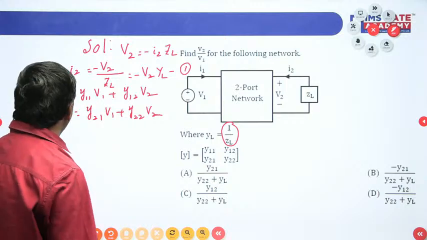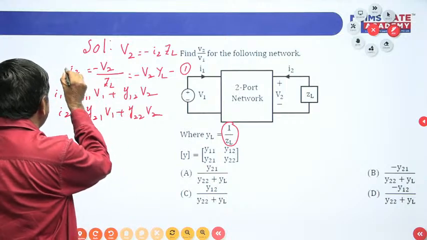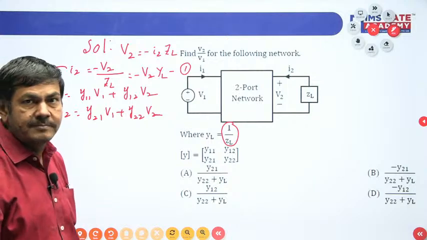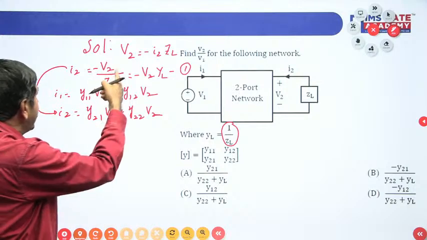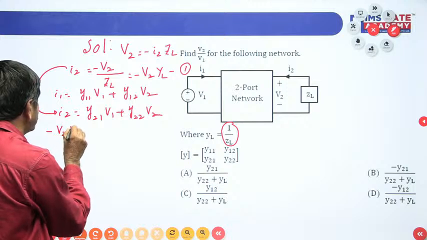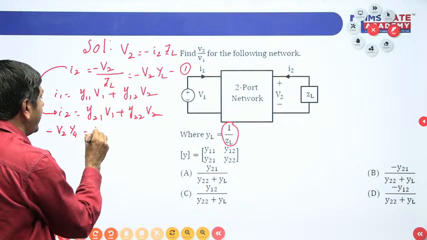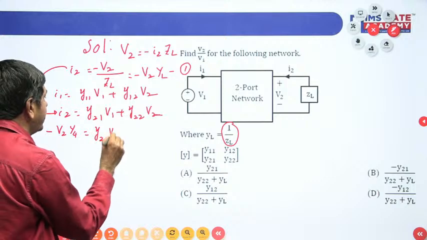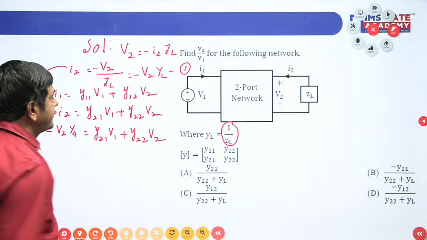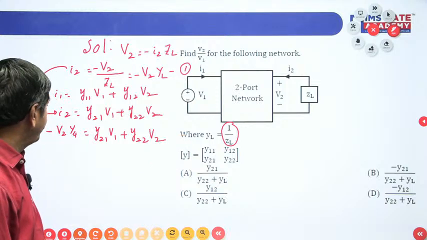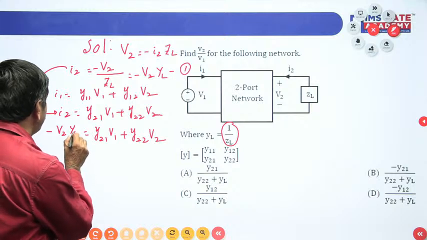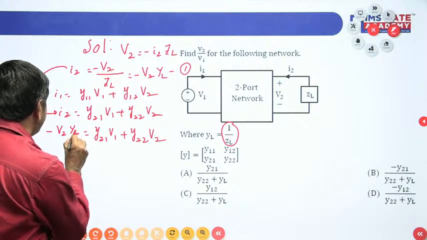Here I want to substitute equation 1 in this second equation. If I substitute the I2 value, I2 is nothing but minus V2 into YL, no doubt. This is equal to Y21 into V1 plus Y22 into V2. Yes, we got an equation with V2 into YL.